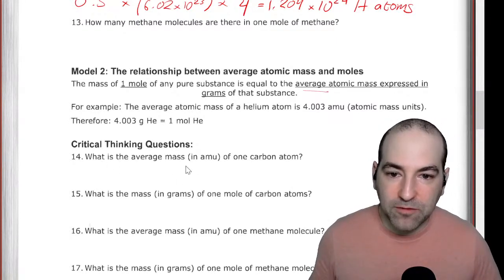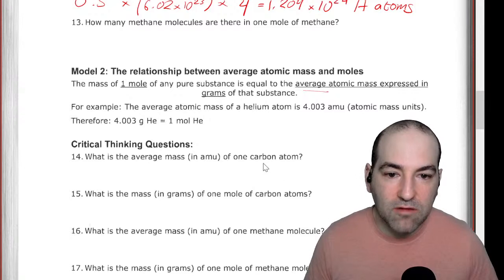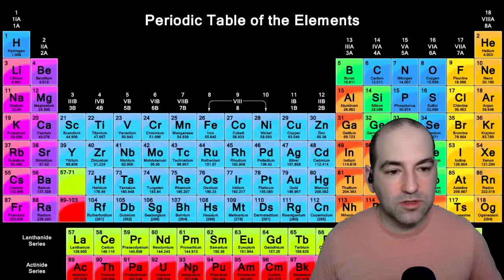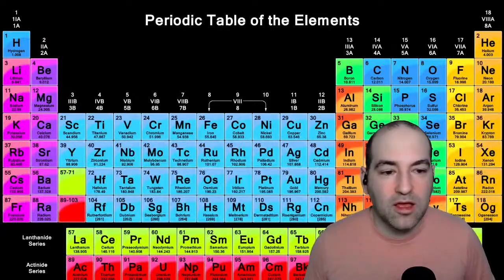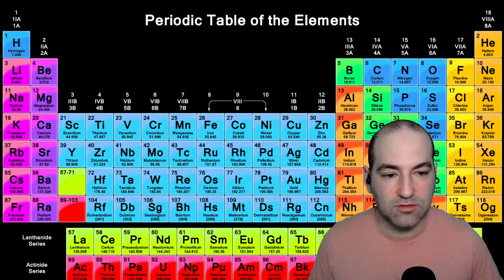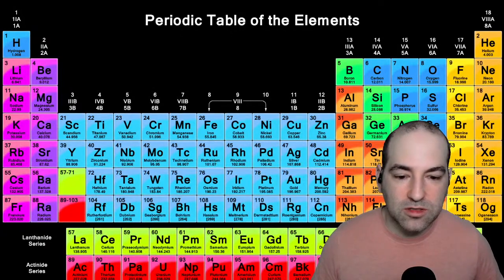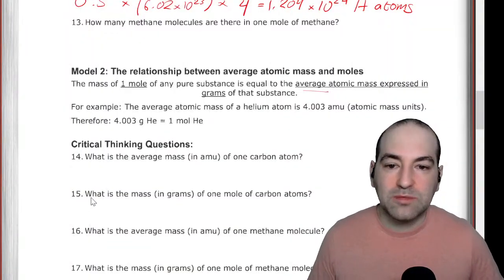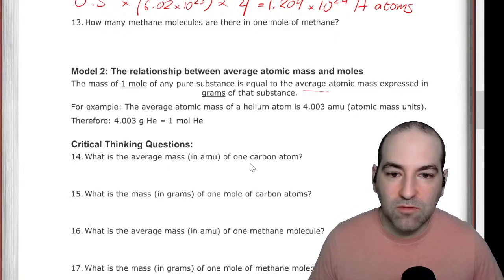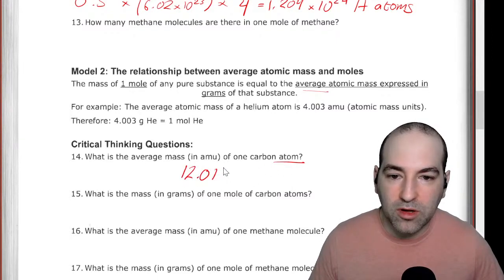So the average mass in atomic mass units of one carbon atom, we look up on the periodic table. You can see carbon right above my head here. And the bottom number there is 12.011. And there's no units given, just 12.011. The reason there's no units given is because it actually is 2 different units. The average mass of one individual carbon atom is 12.011 atomic mass units.